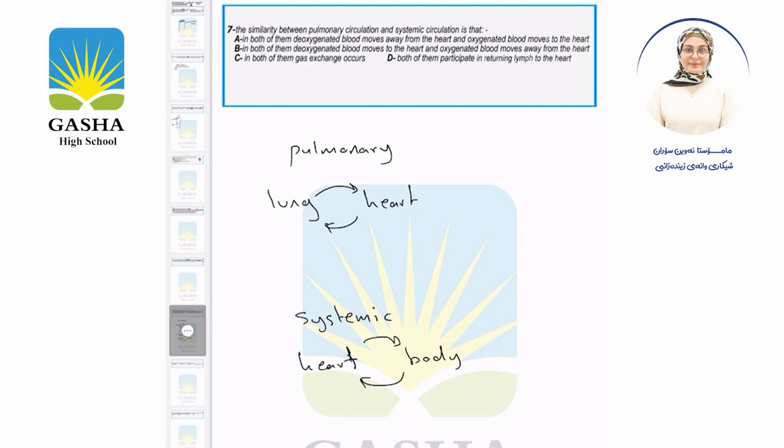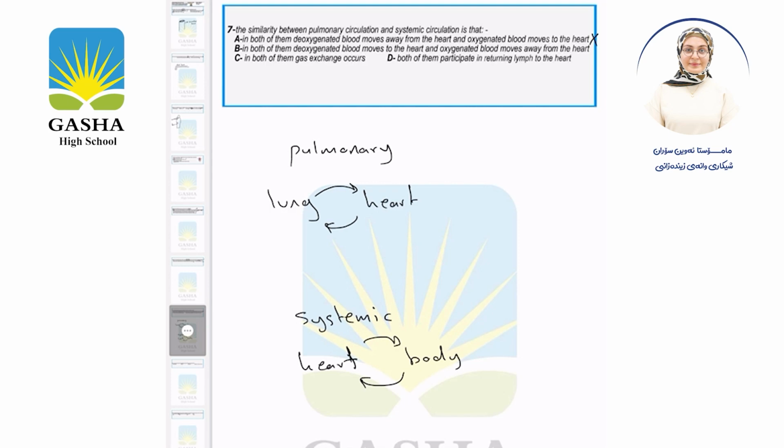So let's read the multiple choice. A, in both of them, the oxygenated blood moves away from the heart and the deoxygenated blood moves to the heart. This one is incorrect. Why? Because in systematic circulation, the deoxygenated blood moves toward the heart. So this one is incorrect. B, in both of them, the oxygenated blood moves to the heart and the deoxygenated blood moves away from the heart.